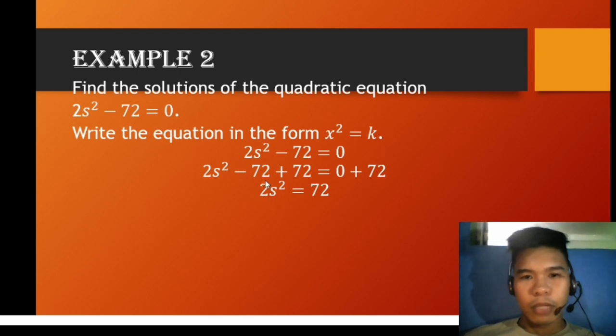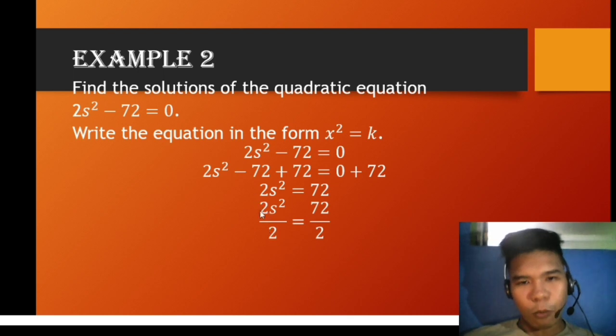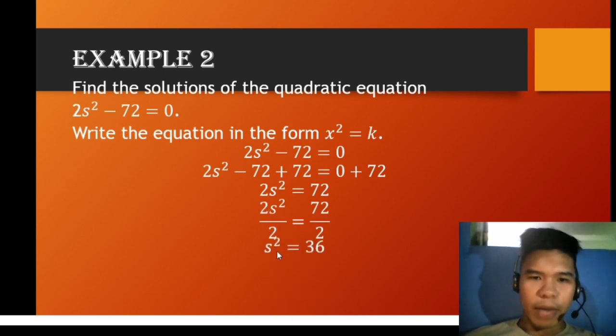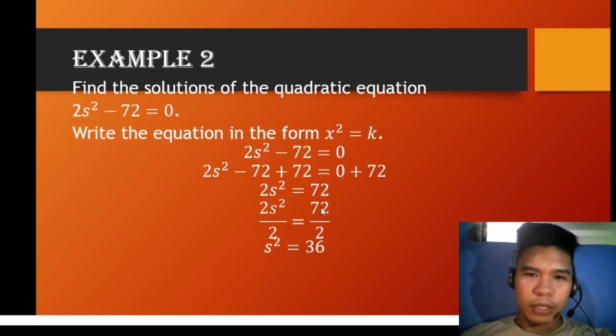To eliminate 2 here, we need to divide both sides of the equation by the numerical coefficient, which is 2. And that will become 2s squared divided by 2 equal to 72 divided by 2. So the 2 here will now become 1, so this will become s squared. And then we divide the right side of the equation, 72 divided by 2, which is 36.